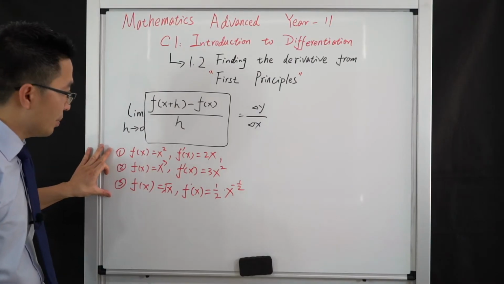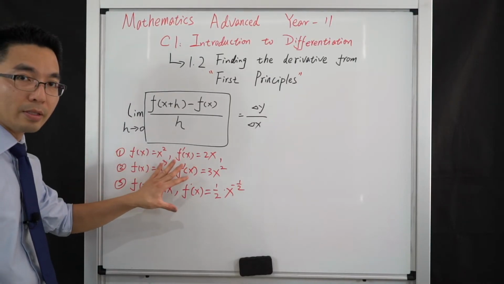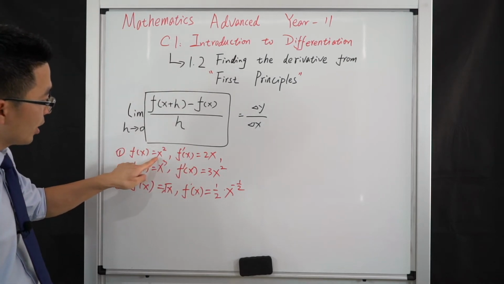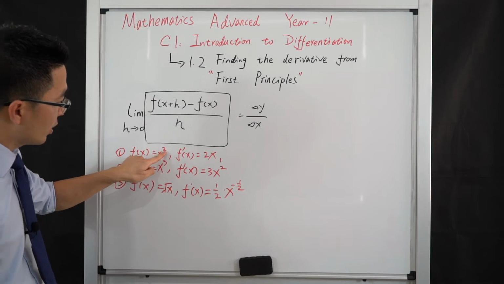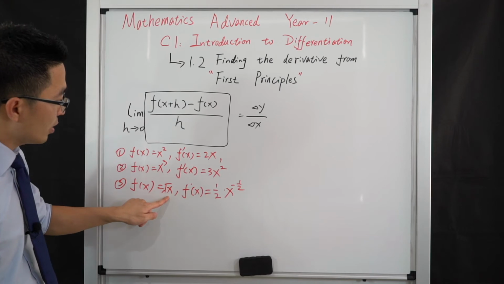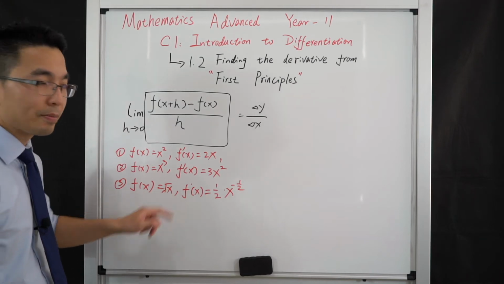From these three examples, we can try to find the pattern for finding the derivative of functions in this form: x to the power of 2, x to the power of 3, or x to the power n. The square root of x is actually x to the power of half, right?